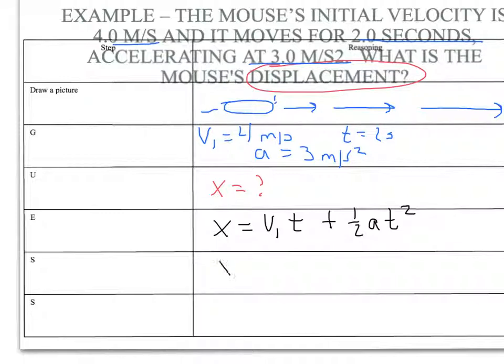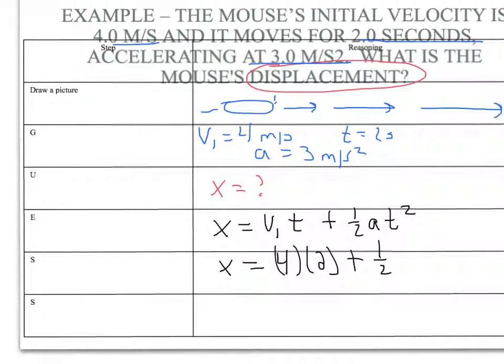So I'm going to write x equals, for VI, we wrote that it was 4 meters per second. So I'm going to write 4 times t, which was 2 seconds. So 4 times 2 plus 1/2. Our acceleration is 3 meters per second squared.